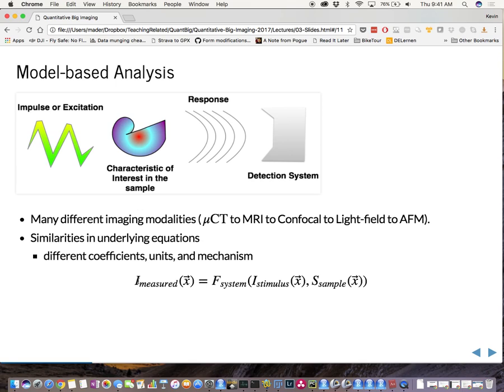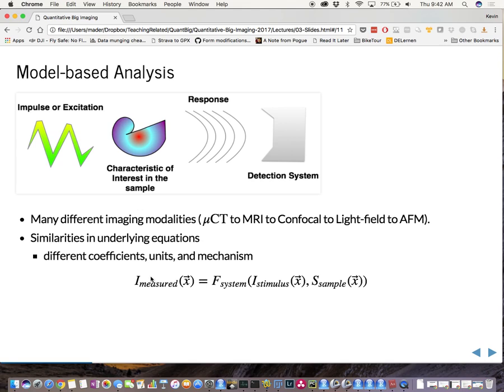And so basically you're trying to then reconstruct this sample information from whatever measurement data you have. If you're working in the tomography or computed tomography world, this means the whole reconstruction process, because the things that you measure aren't really the object itself, but some sort of transformation of it.